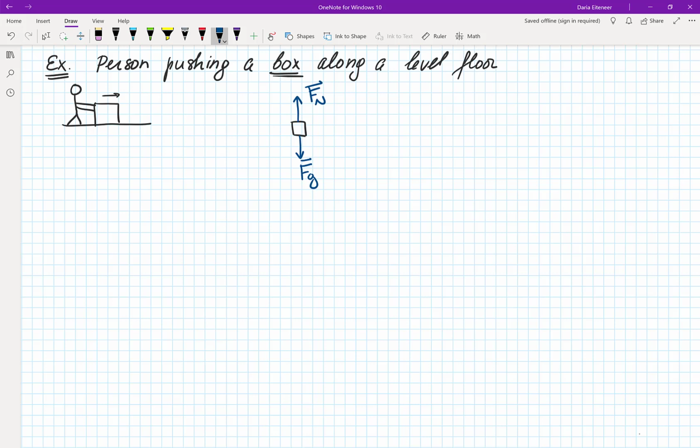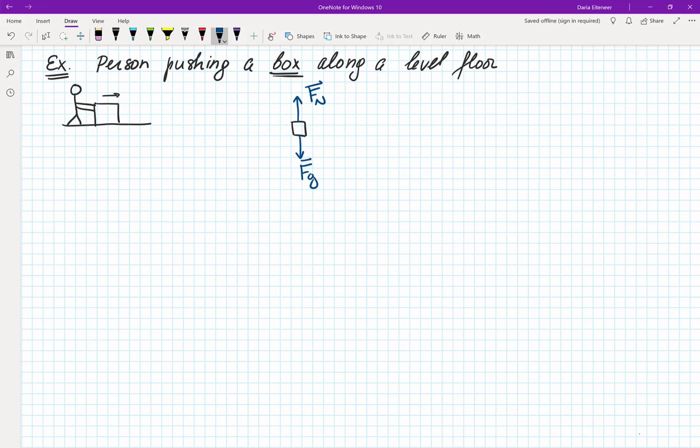And notice how I drew those two, how I drew the force of gravity and the normal force. The movement of this box is horizontal. So there is nothing weird going on in the problem, right? The box is not jumping up and down. It's not flying off the floor. It's not falling through the floor. So there is absolutely no weirdness happening in the vertical direction.